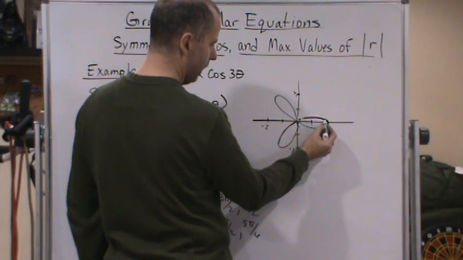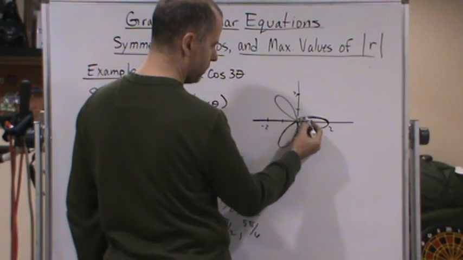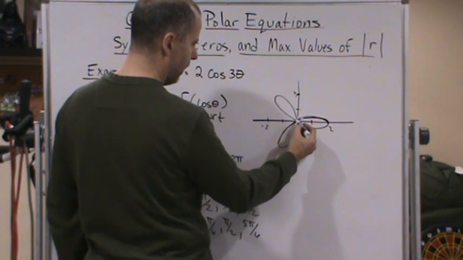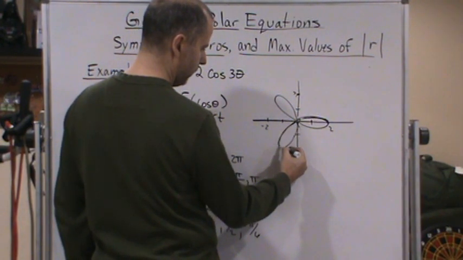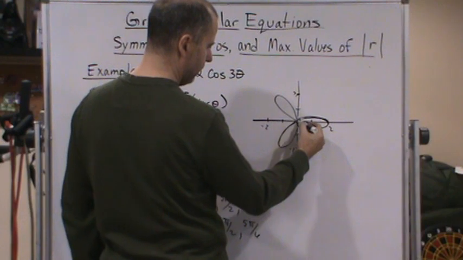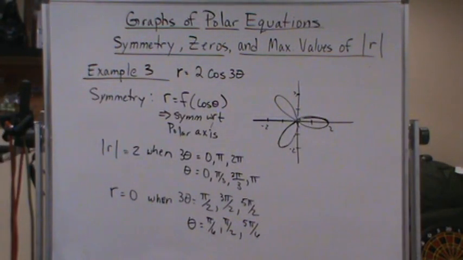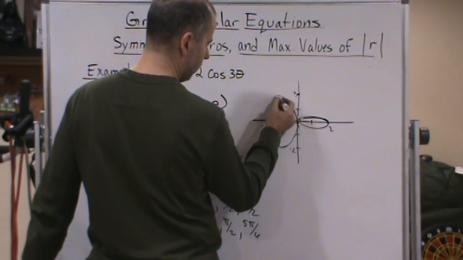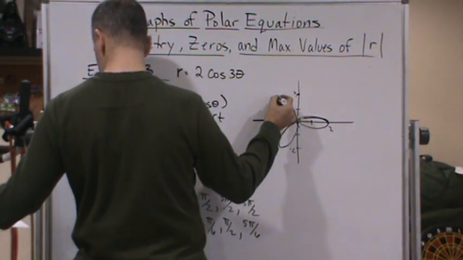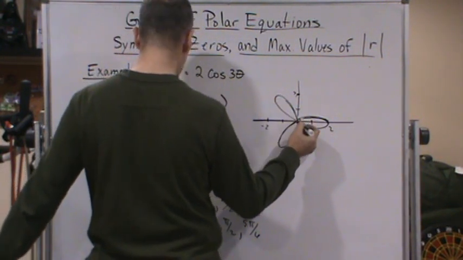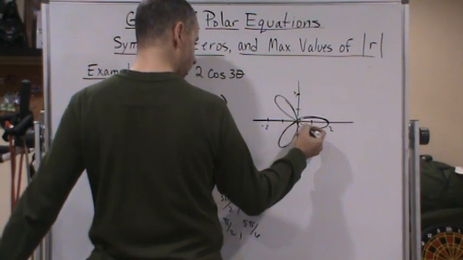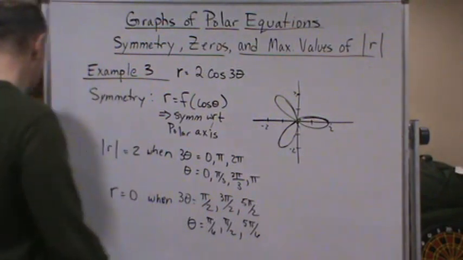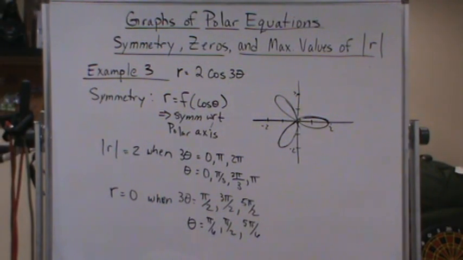So if we go from here to there, 0 to pi over 3, and then to pi over 6, and then to pi over 2, and then 2 pi over 3, and then 5 pi over 6, and then pi.